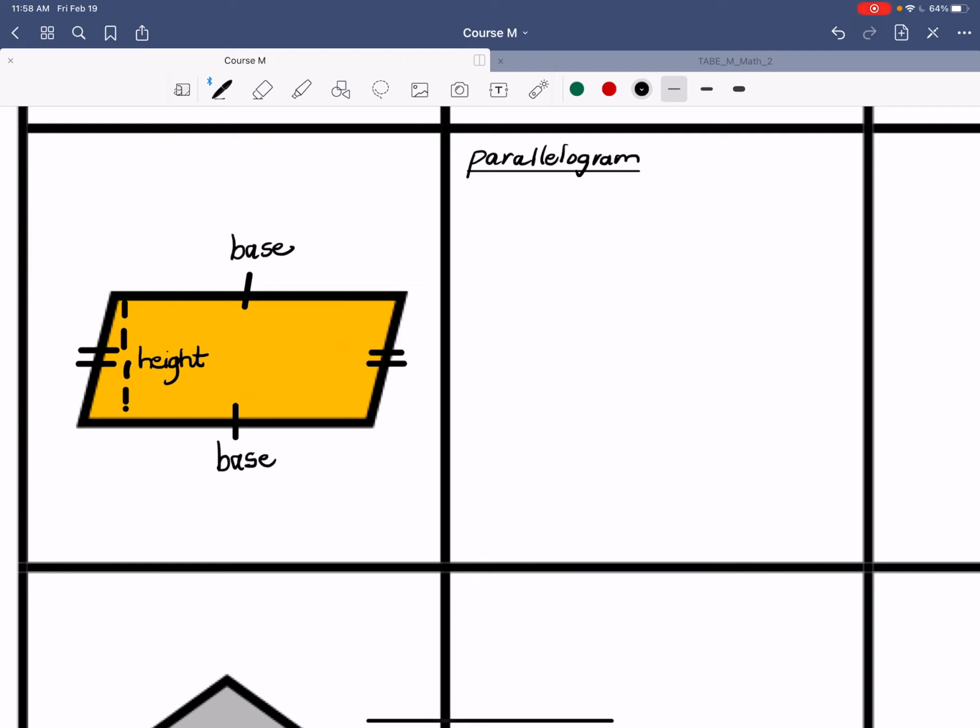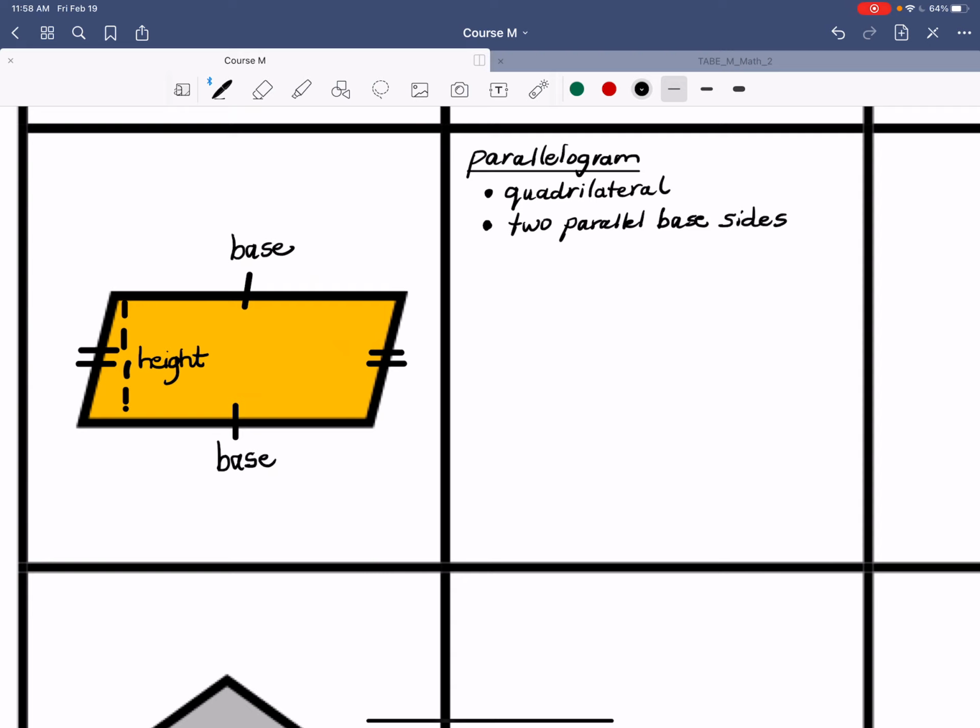So let's take a look at this in detail. It is a quadrilateral because it has four sides. We can see that it does have two parallel bases, and they're equal.